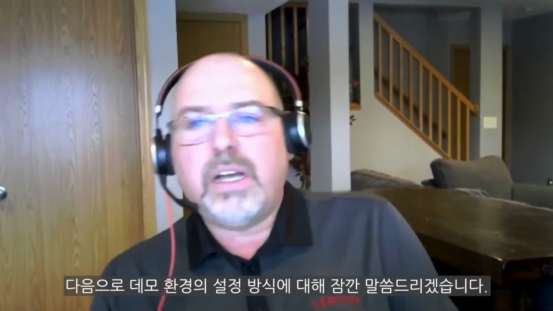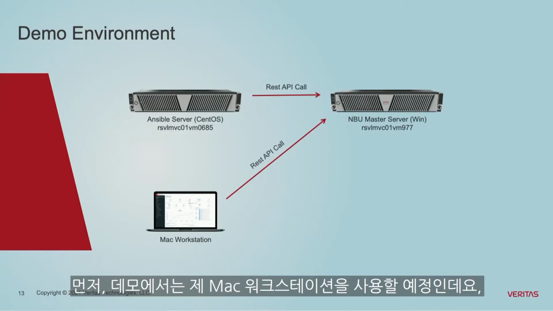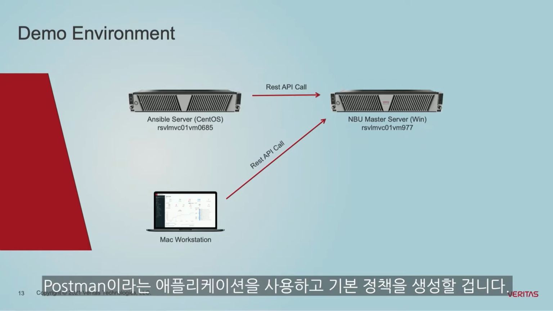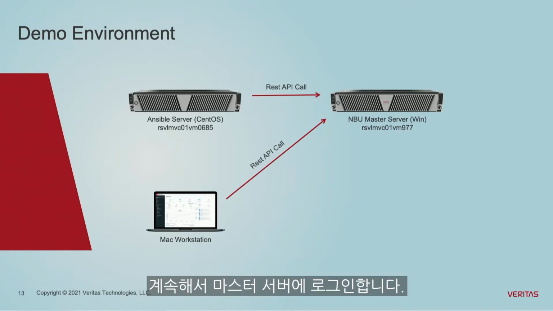Now we're going to talk a little about how our demo environment is set up. First, I'm going to do a demo using my Mac workstation. I'm going to use an application called Postman, and I'm going to create a basic policy, very similar to what we did as part of the workflow automation demonstrations I just spoke of. Then we're going to log on to our master server.